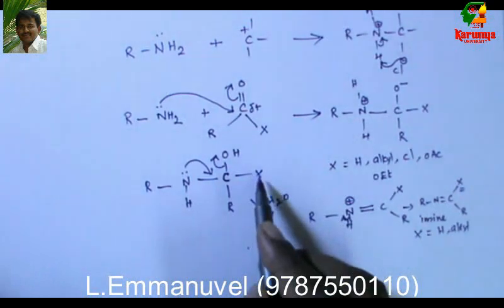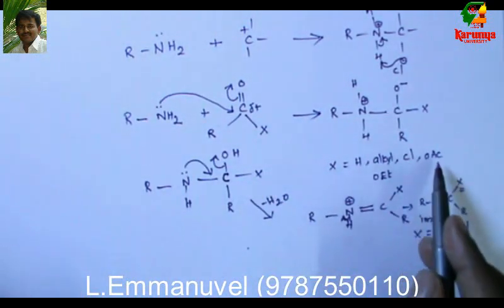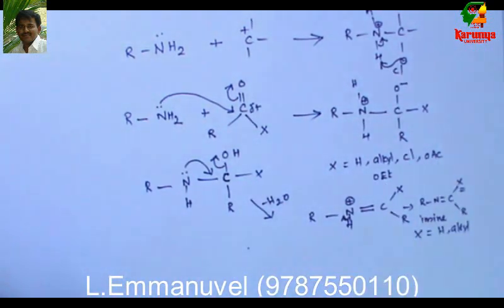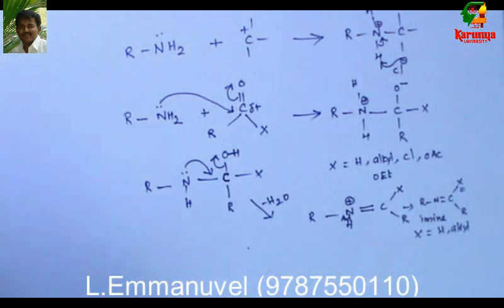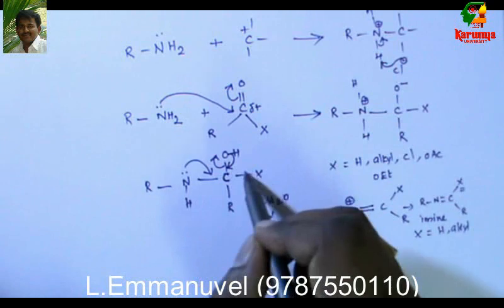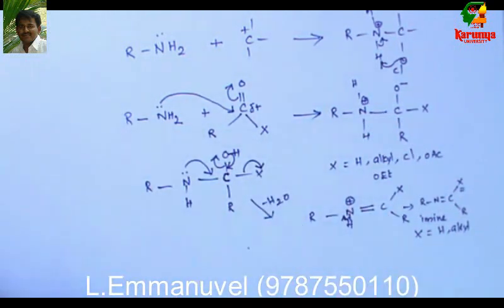If the X is halogen or acetate or alkoxy, so that is the functional group, if it is acid chloride or acetic anhydride or ester, then the pathway will be something different. That is, instead of water, this group will get eliminated.